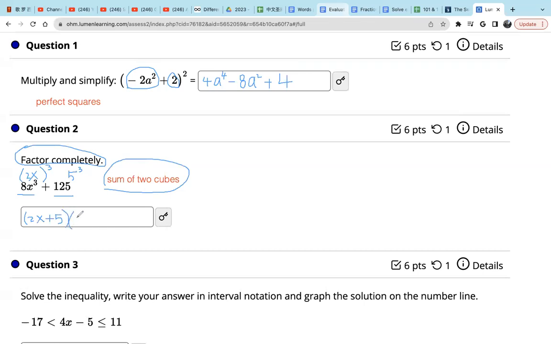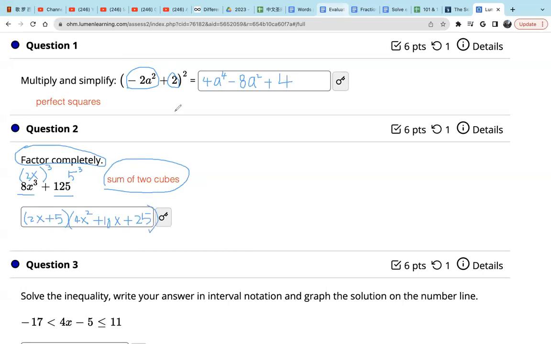Then times the first one squared, (2x) squared is 4 times x squared. Plus AB, the first one times the second one, 2x times 5, which is 10x. Then plus the second one squared, 5 squared is 25. Oh, hold on, I made a mistake.